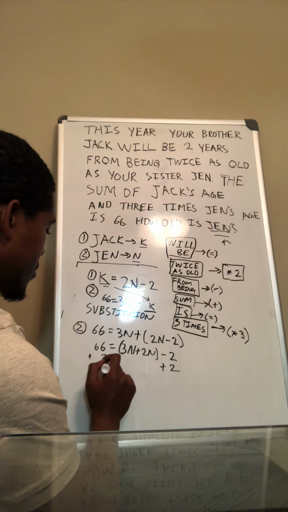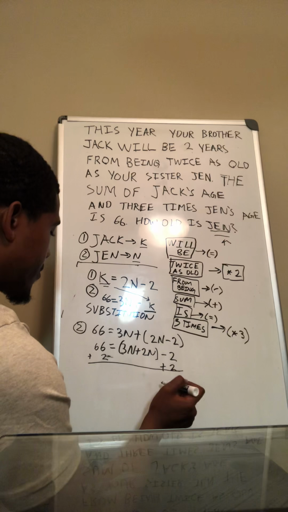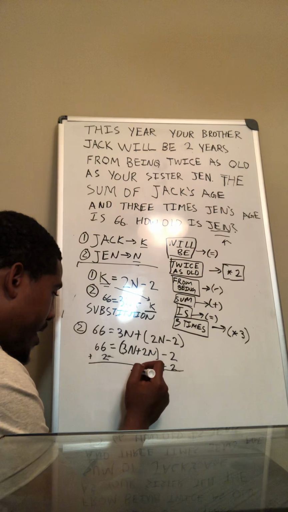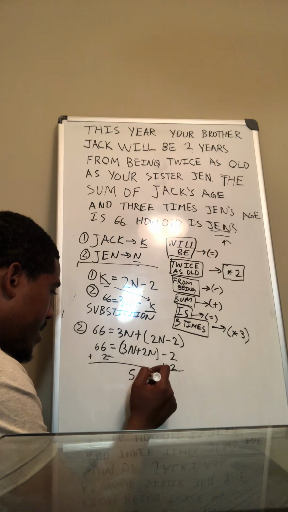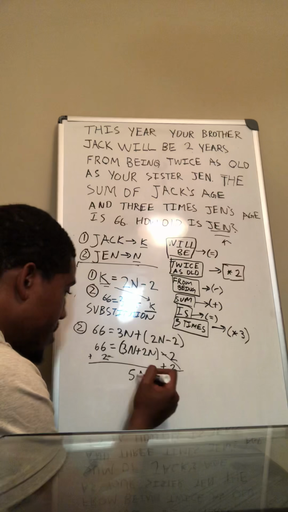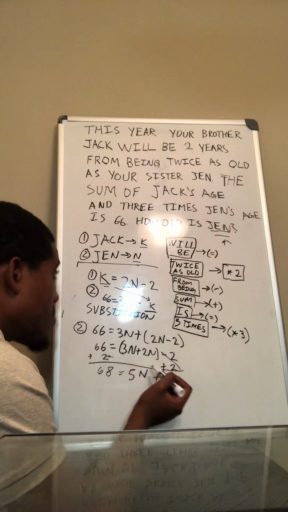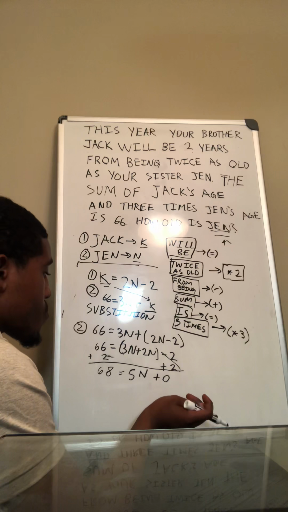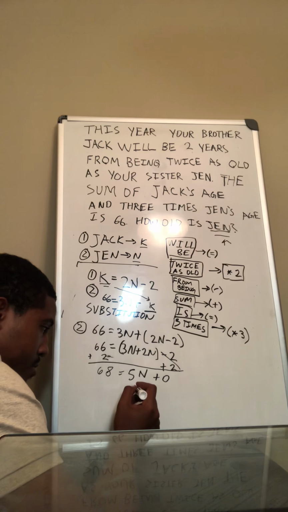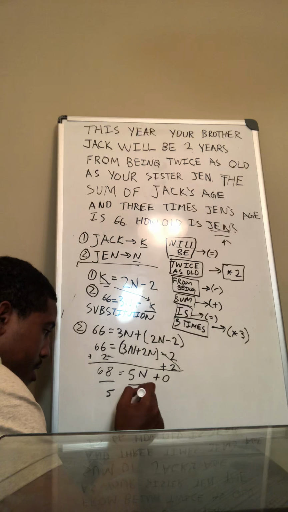So by adding 2 to both sides and grouping my common term, I have 5n is equal to 68. Of course, now you do division, divide by 5, my inverse operation here.